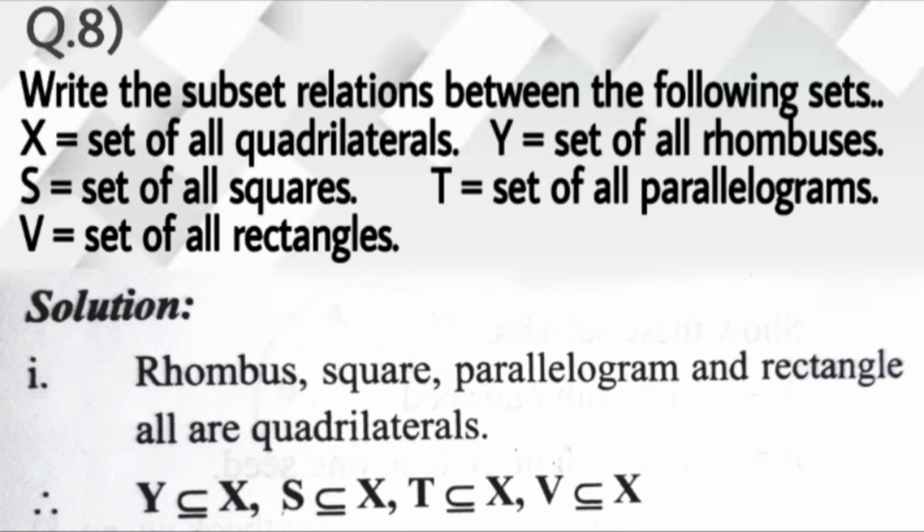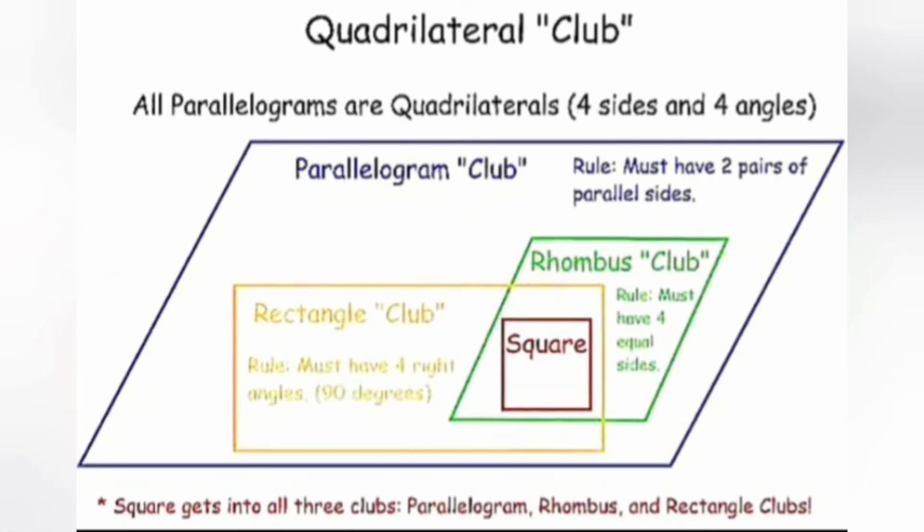That's why Y, S, T and V are all subsets of X. So we have seen that rhombus, parallelogram, rectangle and square are all quadrilaterals. All are subsets of quadrilateral, but some of them are also subsets of each other. So let's see why and how.